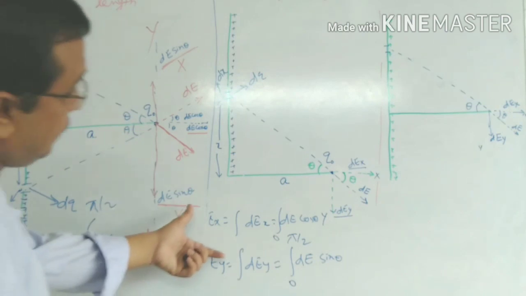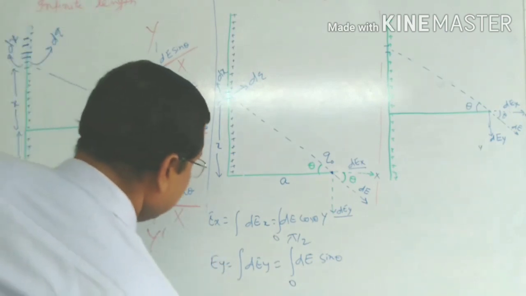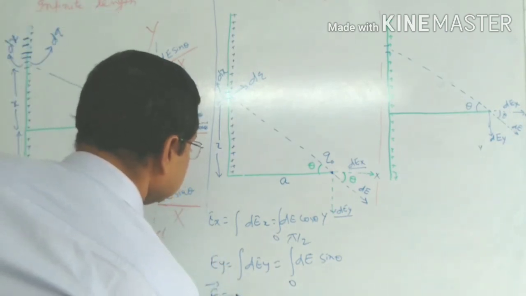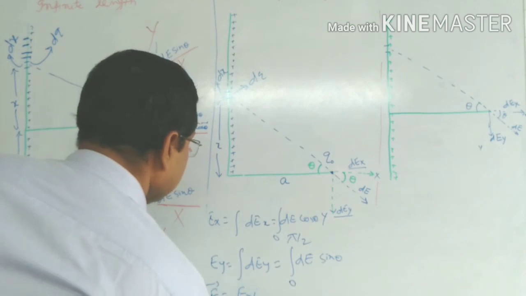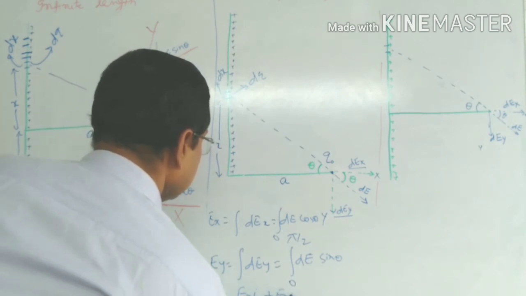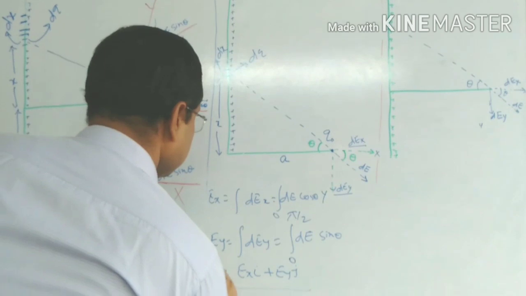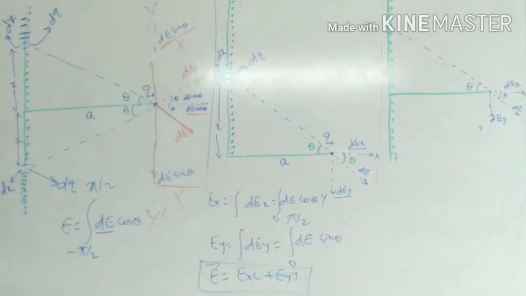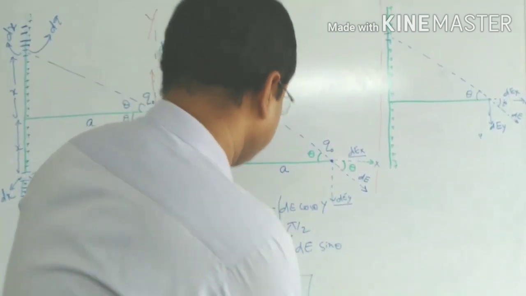So we have Ex and Ey, then E equals Ex i plus Ey j in vectorial form. What will be the magnitude?